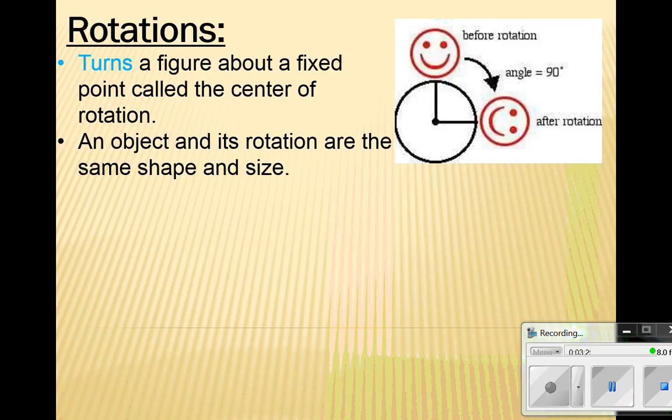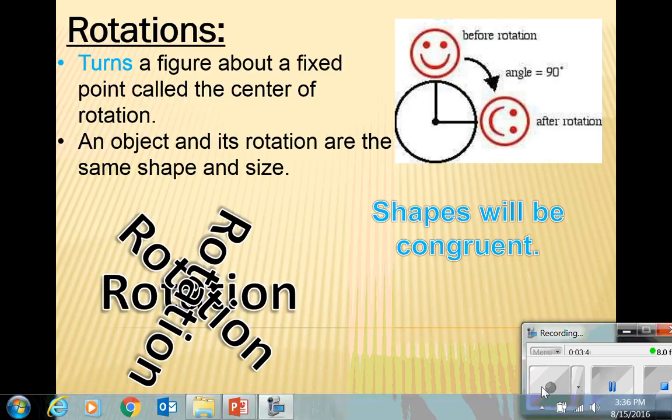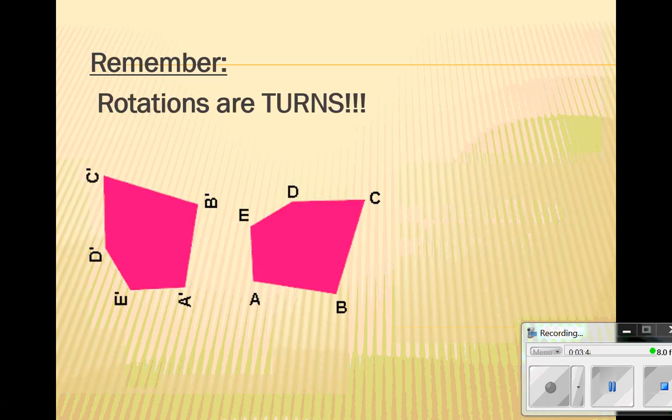If you look up here, you can see a rotation of the smiley face, and you see the center of rotation is the center of the circle. It is going to turn, and you can easily see that the shapes will be congruent. So remember, rotations are what turns when a figure turns.